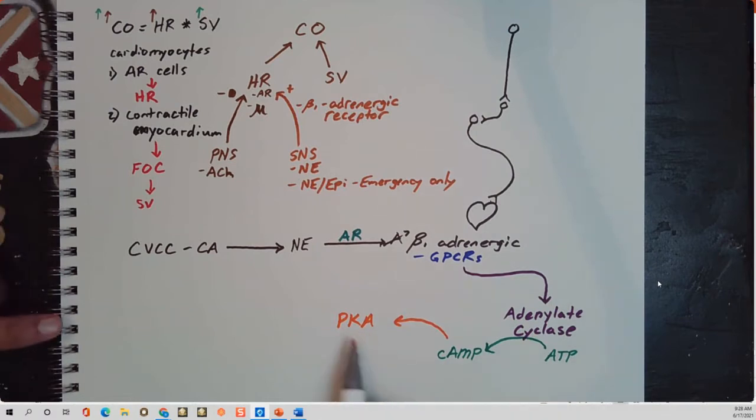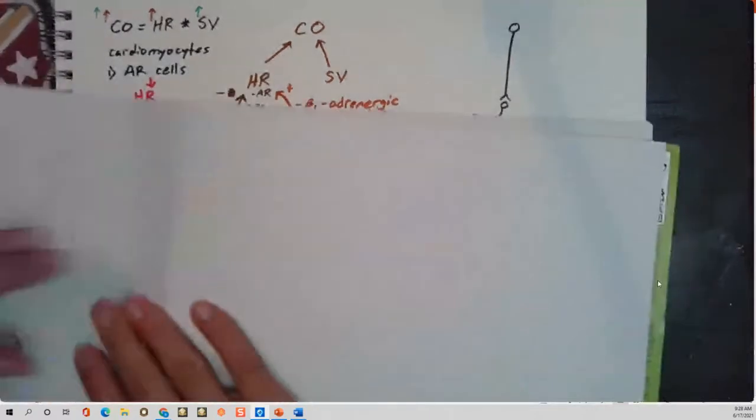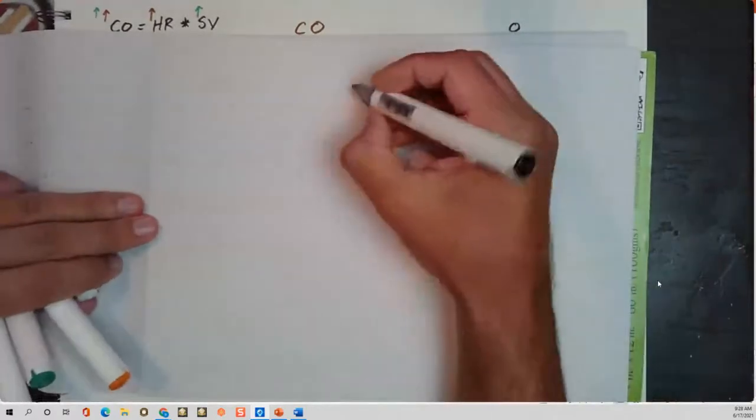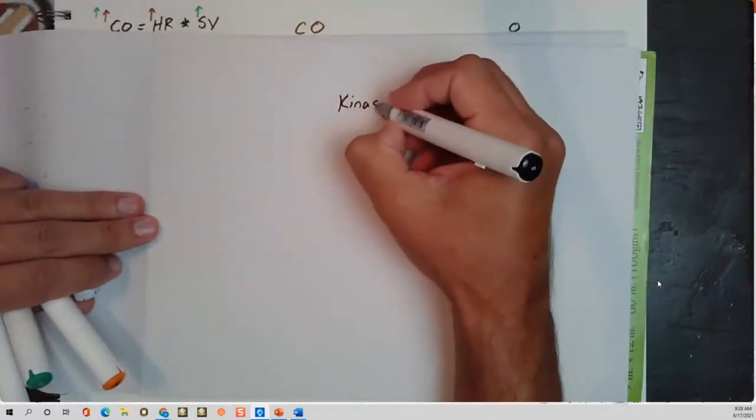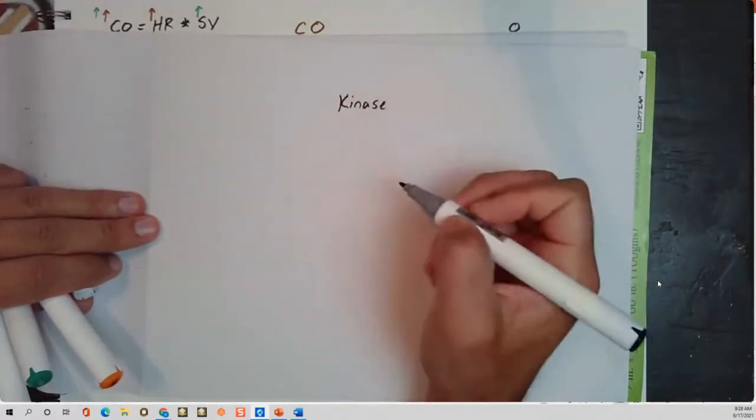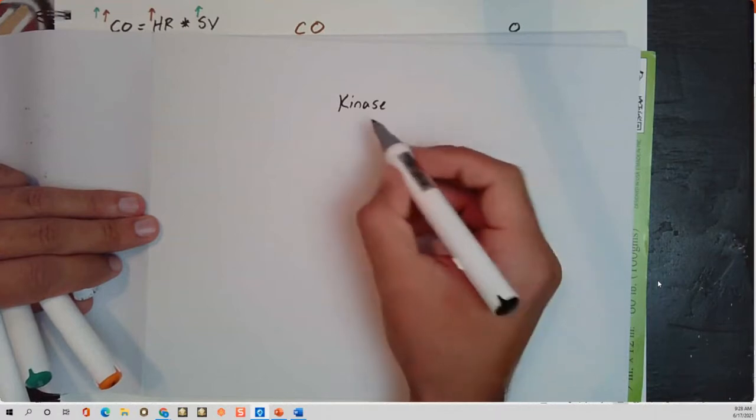There's lots of PKs. But protein kinases, well, a kinase is an -ase, A-S-E. And all kinases have the same function. An -ase is an enzyme, so perfect on that.